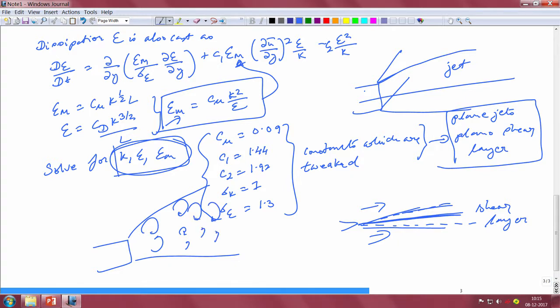If somebody asks you the question that using K epsilon model, can you predict how these eddies are going to grow, how they are going to break up into other eddies, what are the nature of these eddies, those are the questions you cannot answer using this, because you are not resolving anything at all. You are operating on a mean flow field, and all the fluctuating and the eddy part of the problem, you are basically hiding it into this K and epsilon equation. So, it does not do any good job at all if you want a more insightful discussion about the nature of the turbulent flow.